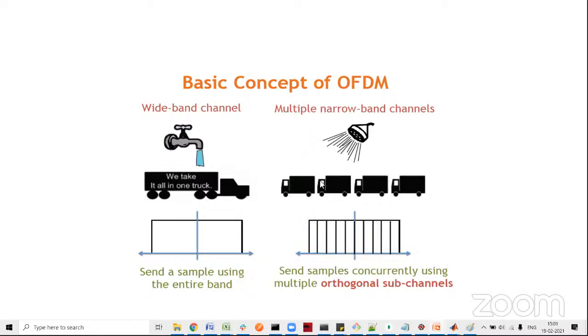It will make multiple small channels so that we can enable high data rate with low loss. If the data fails, only one single data will fail. So this is the solution identified with OFDM technology.